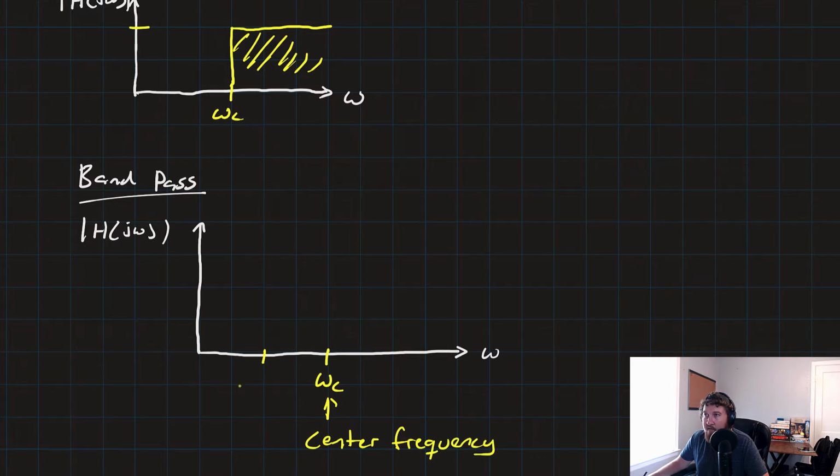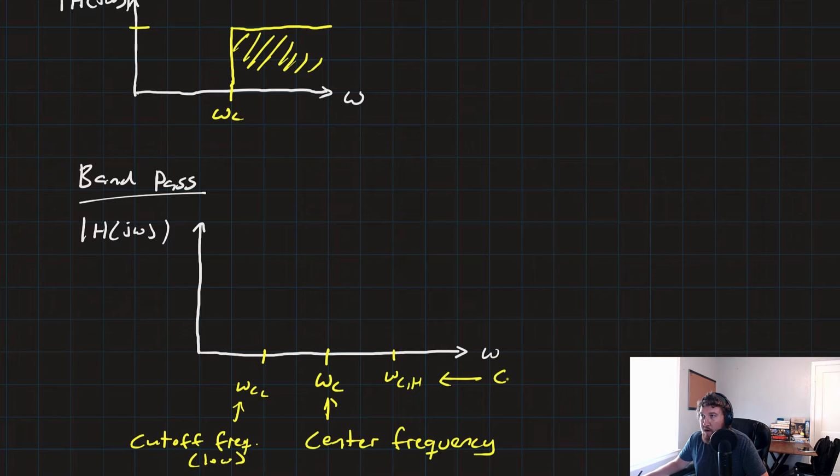And we'll have an omega C low, a cutoff frequency low, and up here an omega C high, the cutoff frequency high.